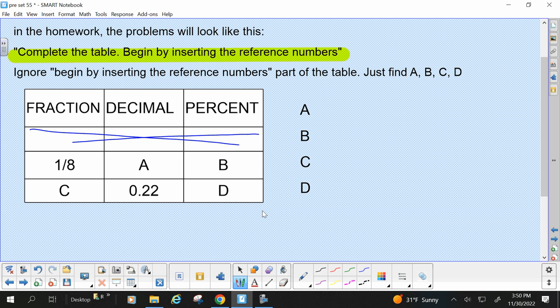Now, A then means they're giving you the fraction of 1/8. What's the decimal form of that? So, would you make 1/8 the decimal? Go.